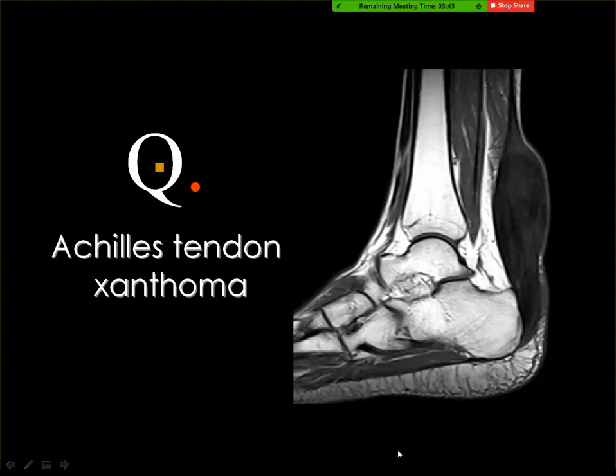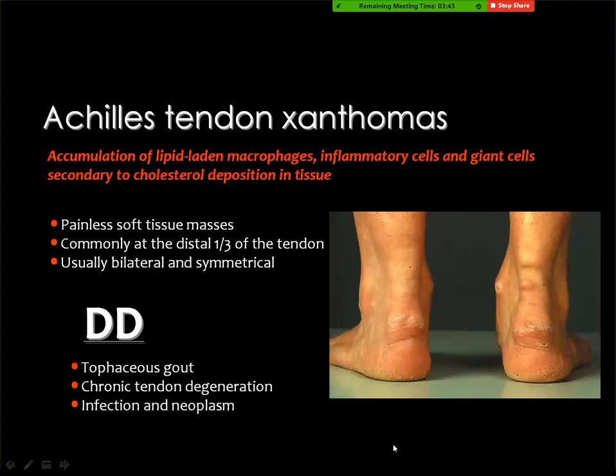This condition may be unilateral or bilateral, and there is accumulation of lipid-laden macrophages and inflammatory cells, as well as giant cells, and cholesterol deposition in the tissues. And this is one of the warning marks for cardiac or coronary heart disease, because the deposition of cholesterol is there and also in the coronary vessels.